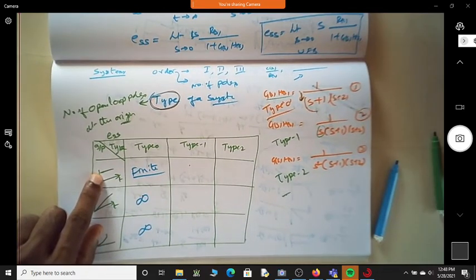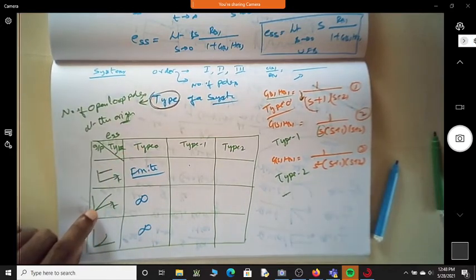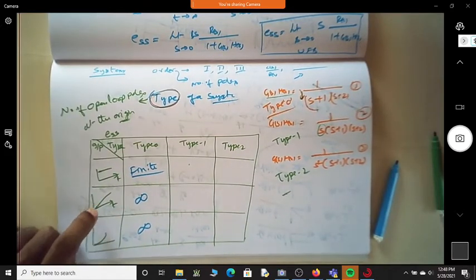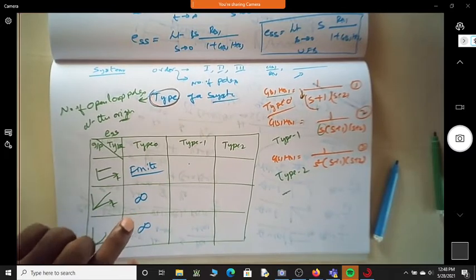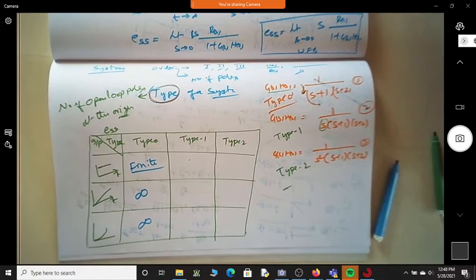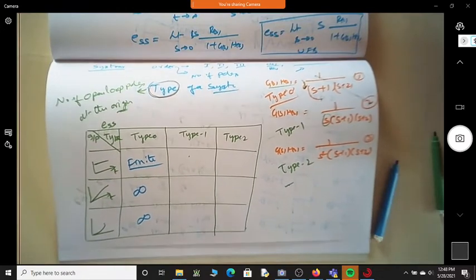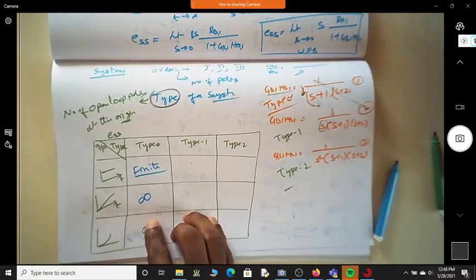If at all you have a type 0 system and by mistake apply a ramp input or a parabolic input, you are going to end up with an infinite error. Meaning, you want the rocket to go one side, but it is going the other way. Yes, sir. So that's the exact meaning of this.